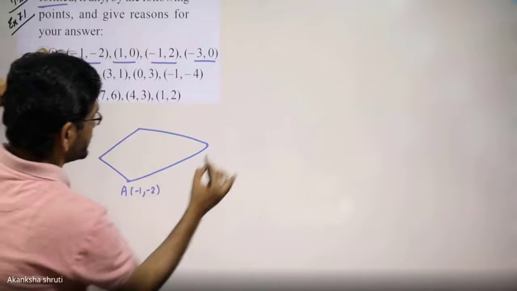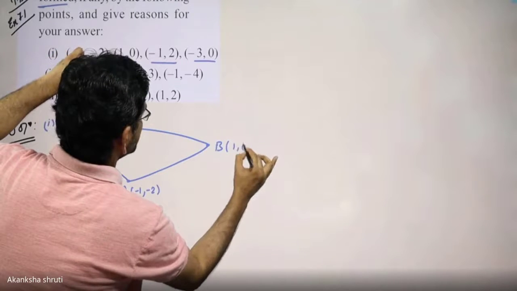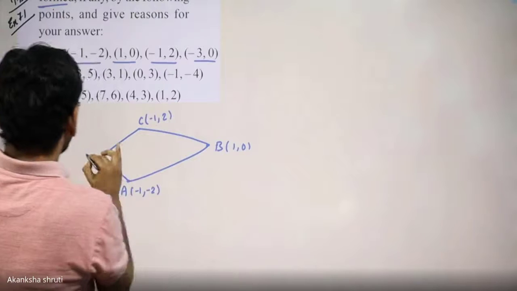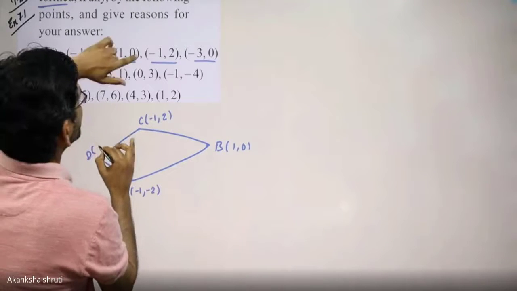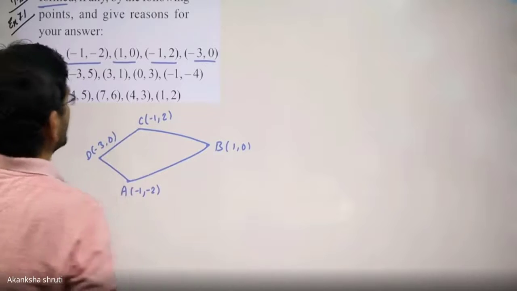Let us consider this point as A (-1, -2), this point as B (1, 0), C (-1, 2), and D (-3, 0).